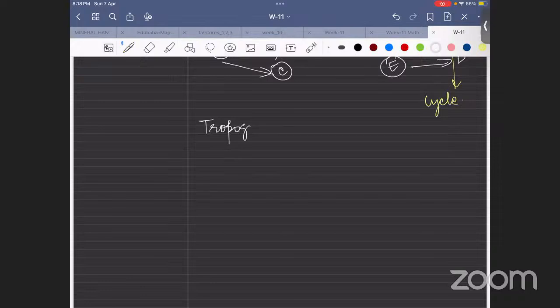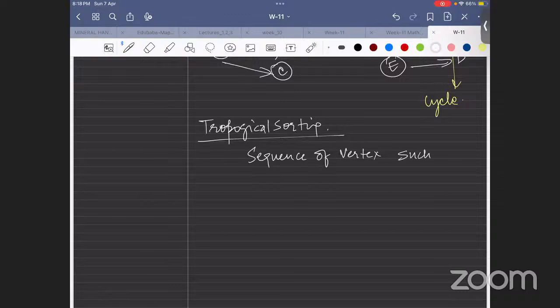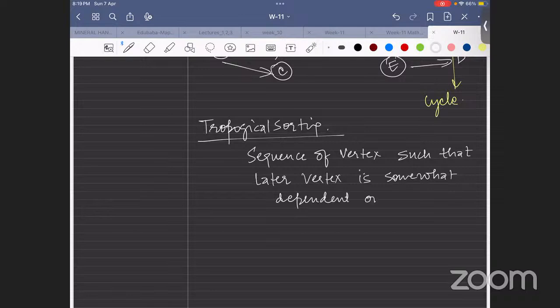So we'll just talk about how you do the topological sorting. This is also very simple. In this sorting, you basically write a sequence of vertices, and you write it in such a way that the later vertex that you're writing is somewhat dependent on the earlier vertex.